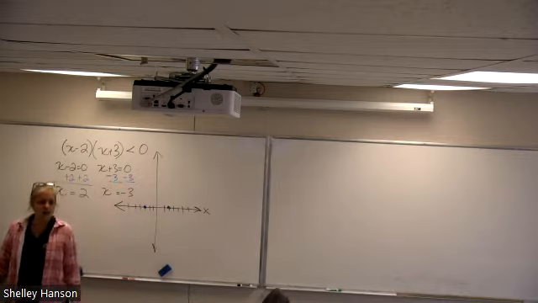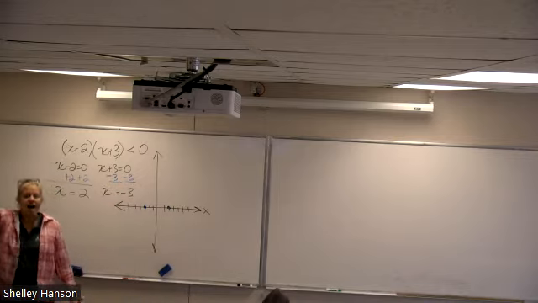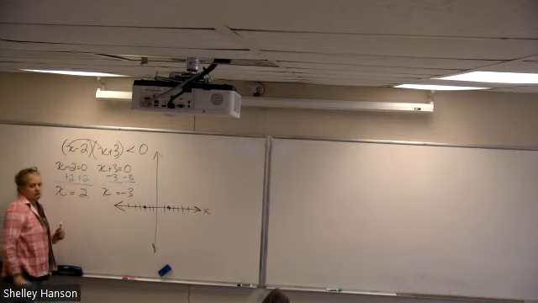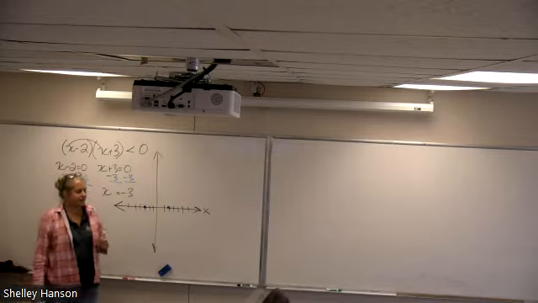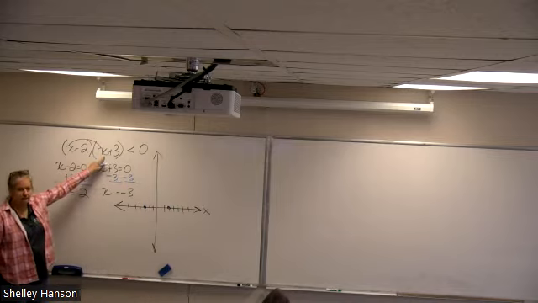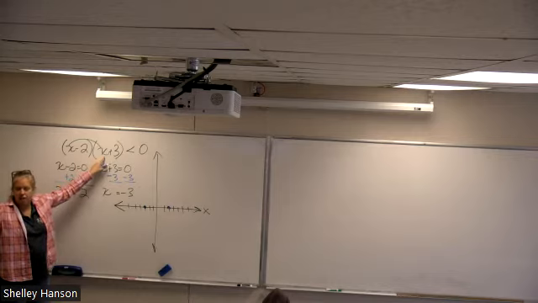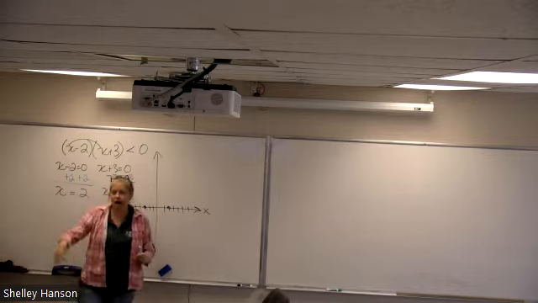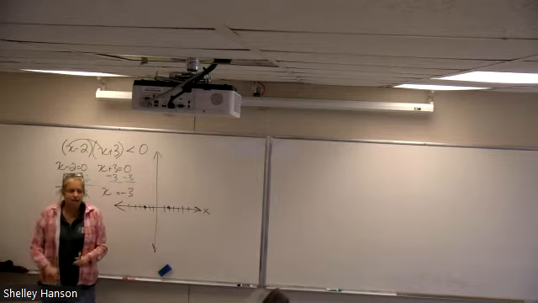So what kind of a graph is this? Act like this is not in factored form. And if I foiled this back together, what is going to end up here times here? X squared, right? So we've done lots of x squared graphs. They're all going to make that parabola shape, okay?